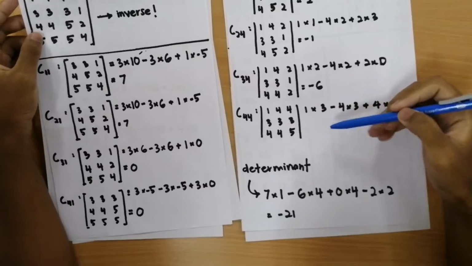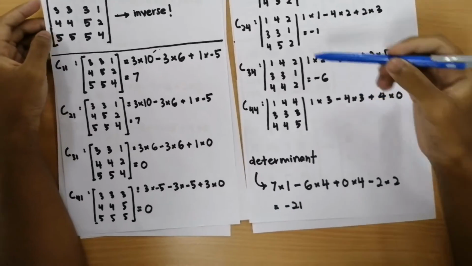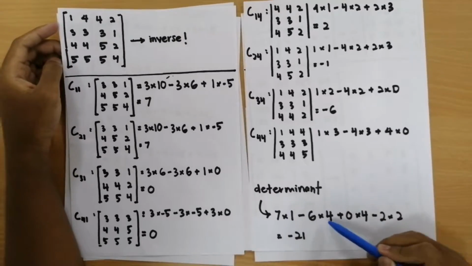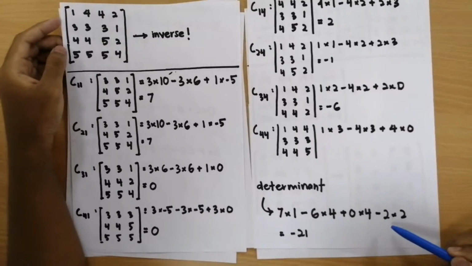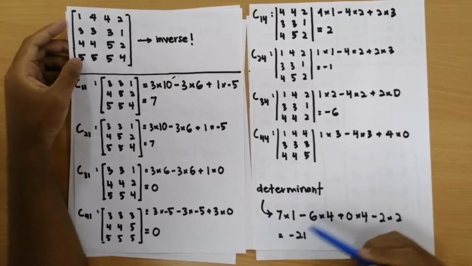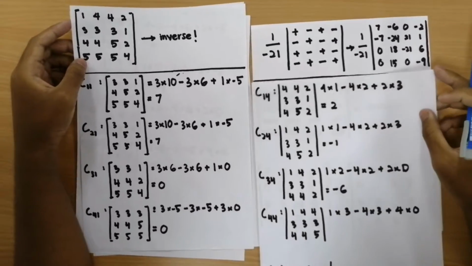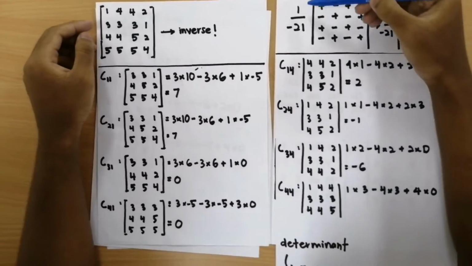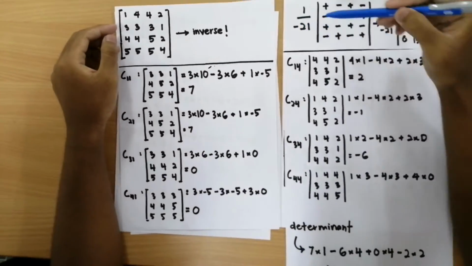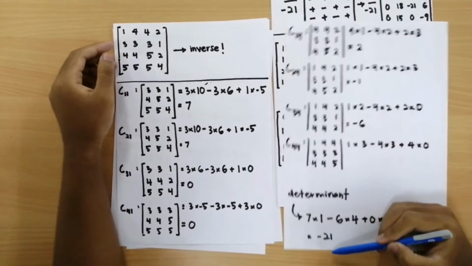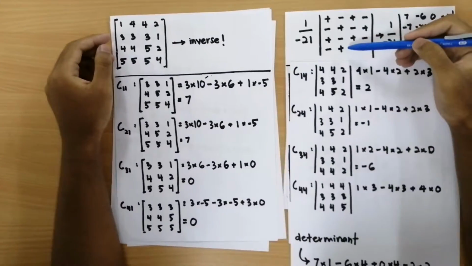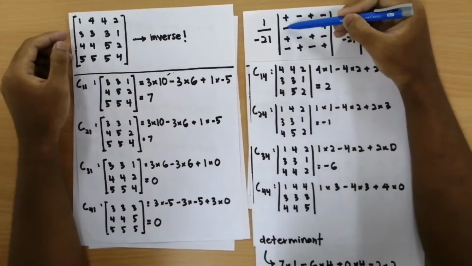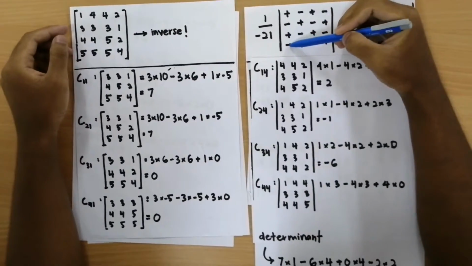So let's jump to the determinant since we are finding the inverse. The determinant will be 7 times 1 minus 6 times 4 plus 0 times 4 minus 2 times 2, which equals negative 21. So to find the inverse matrix, we put the determinant, 1 over negative 21, and the signs of the numbers inside the new matrix will alternate: positive, negative, and so on.